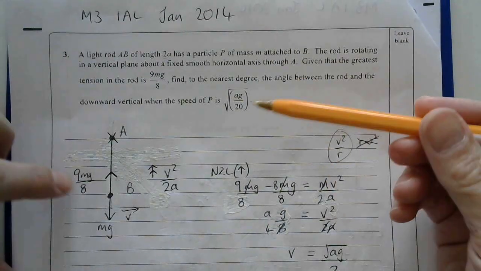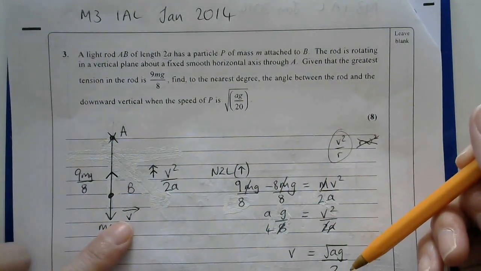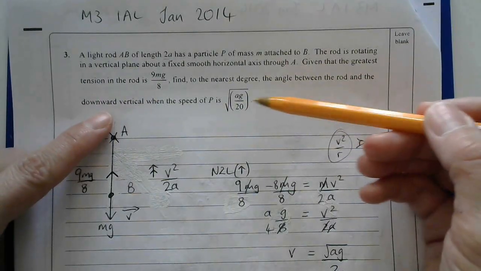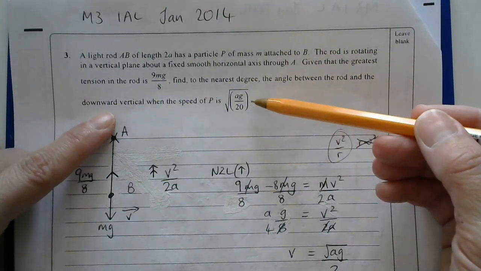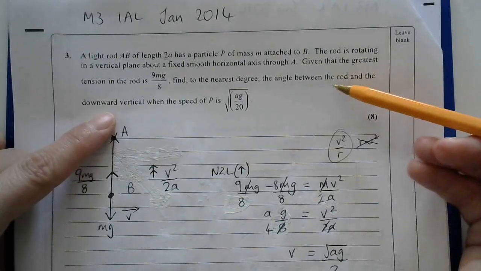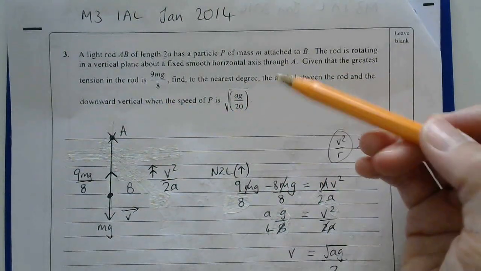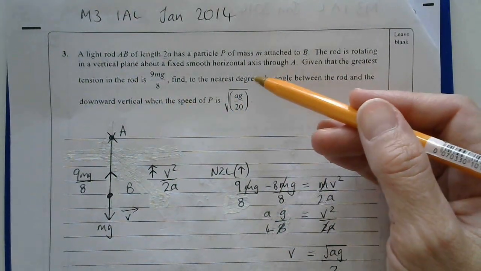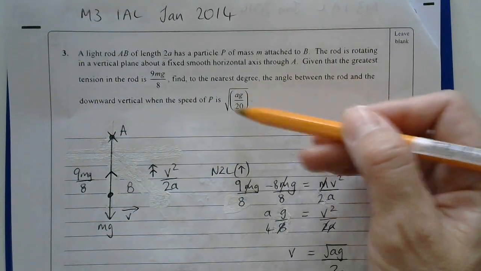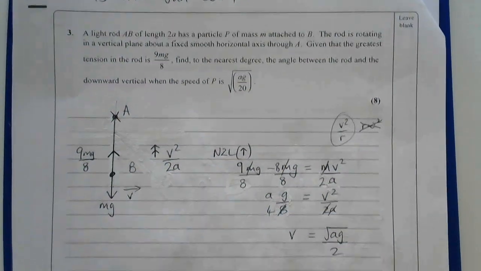But then I can find the relationship between the velocity here and when the particle is at this other position, where the angle between the rod and the downward vertical is an angle of theta, and the speed is this at this other point.